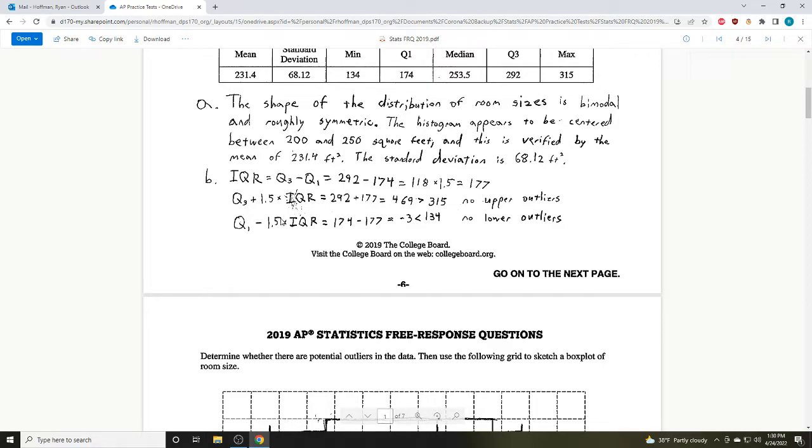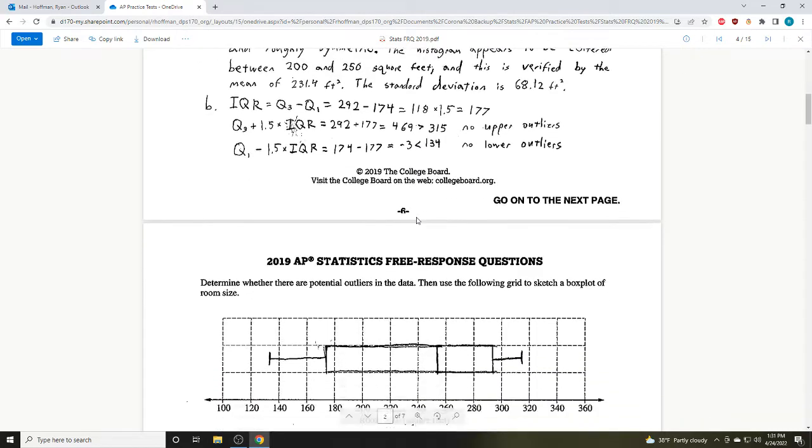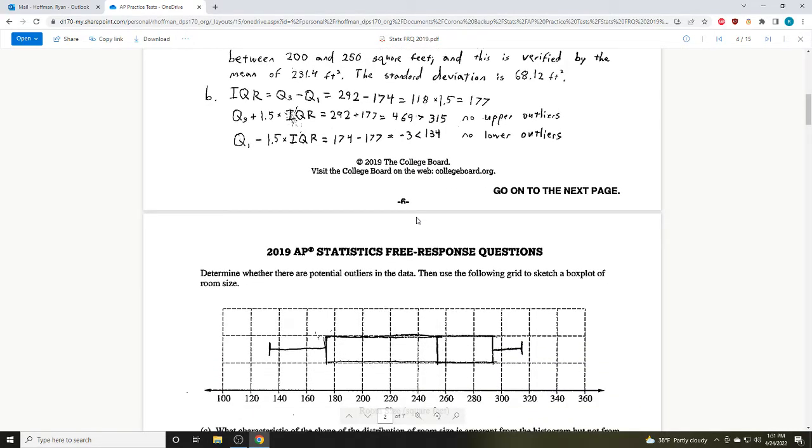So we add that to Q3, subtract it from Q1, and we have our upper and lower boundary. So we add it to Q3, we get 469. Anything above that would be an outlier. We subtract, we get -3. Anything below that is an outlier. Turns out none of them are above that upper boundary or below that lower boundary, so we don't have any outliers, which results in this box plot.